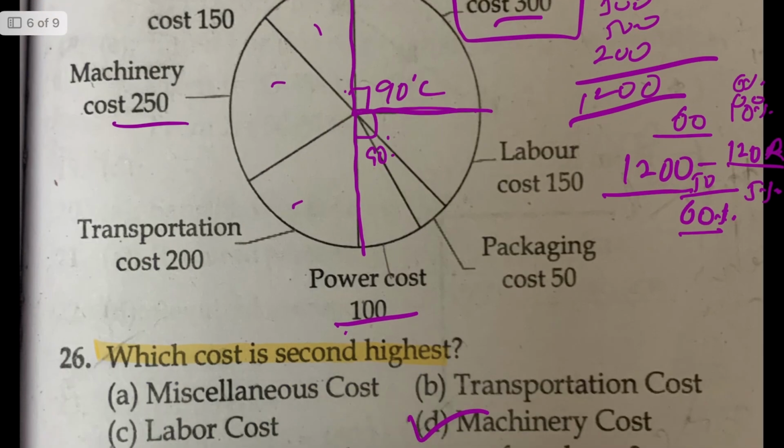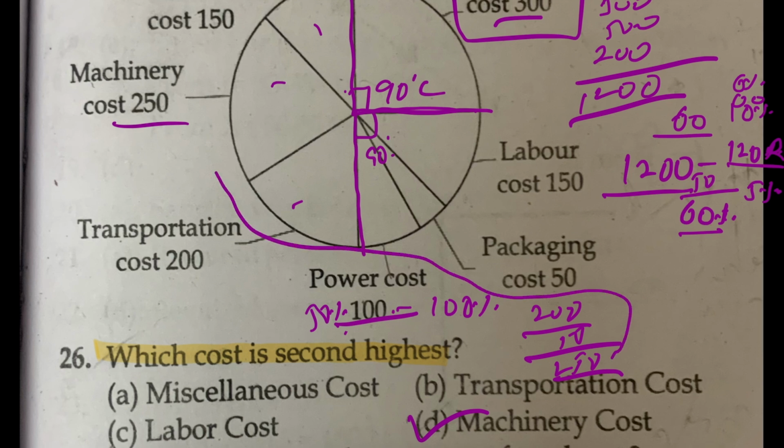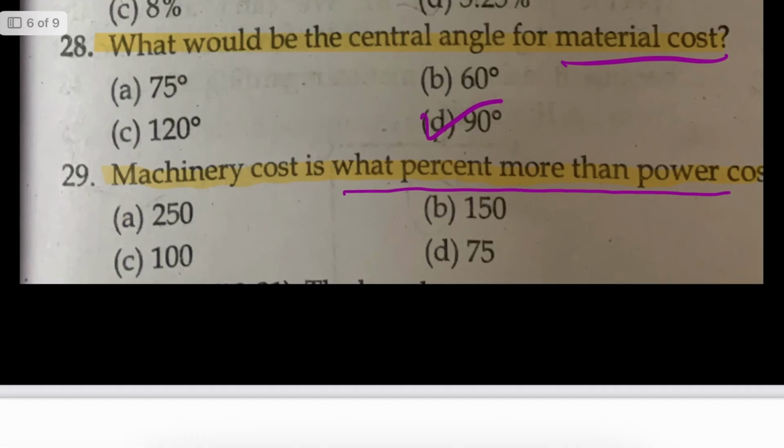Power cost, we need to find in percentage wise. As you can see, 100. If you add one more 100, it will be 100%, right? 100% double, it will become 200. And in 100, 50% is 50 rupees. So add 50 here. So it will be 250, which answers the machinery cost. So totally how much percent have we increased? 150%. The machinery cost is 150% of power cost. So the answer will be 150.